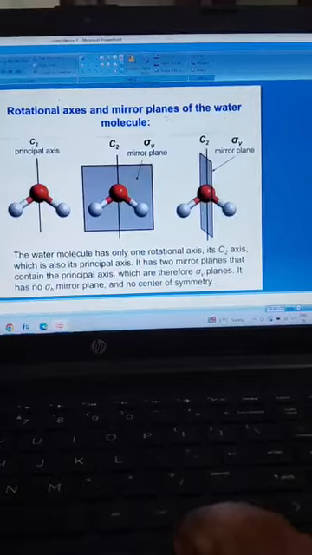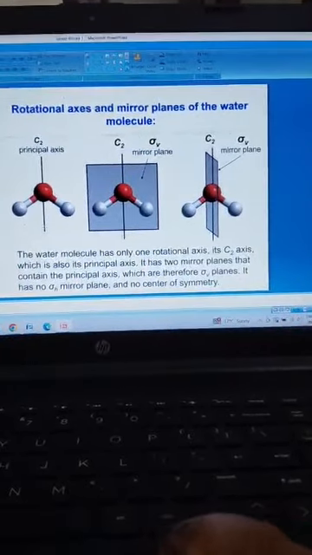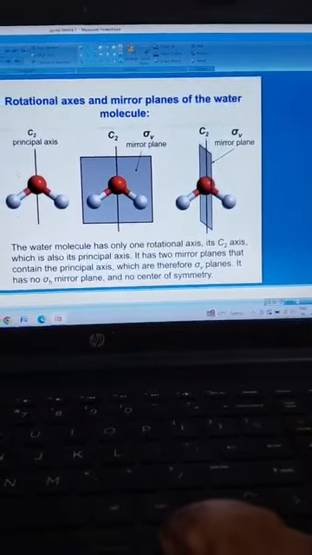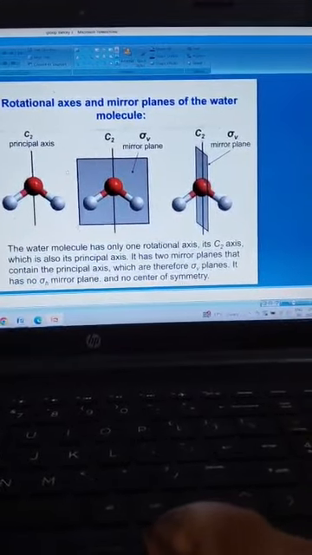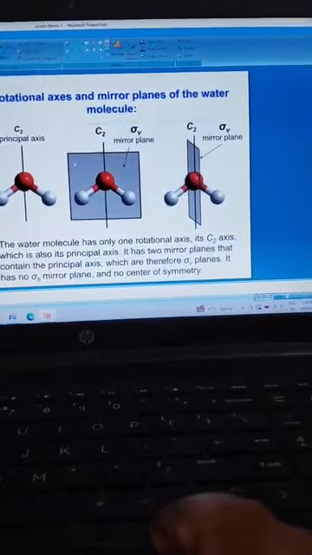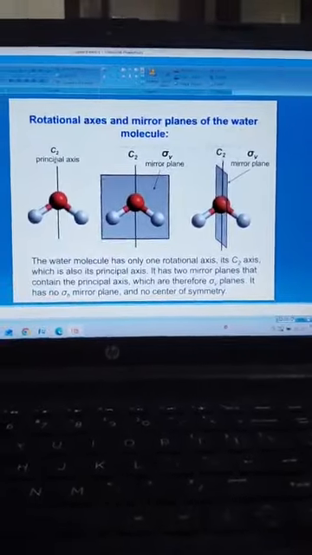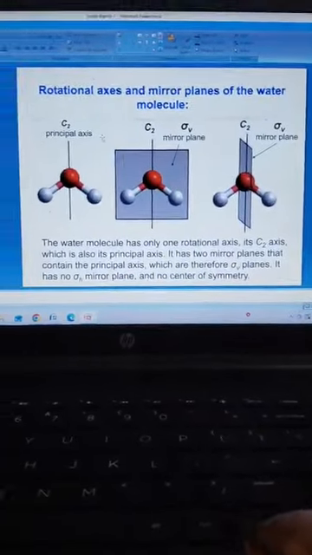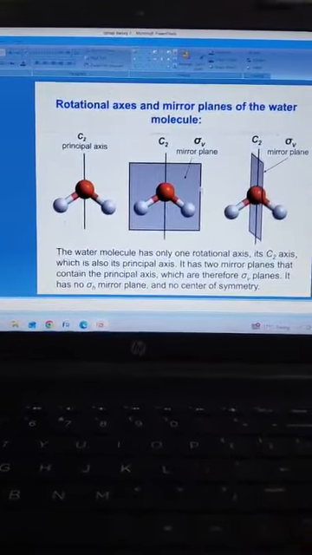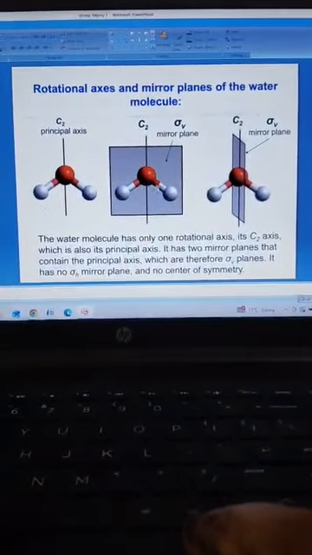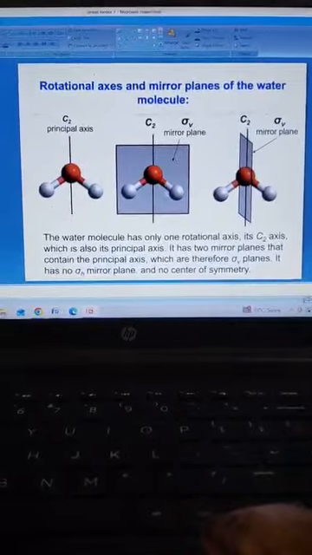Rotational and mirror plane of water molecule. If you see the water molecule, when it rotates around this axis, then we get an equivalent structure. That is, in this water molecule there is a C2 axis of symmetry, which is taken as the principal axis. If you pass the plane along this C2 axis, then we get an equivalent structure.